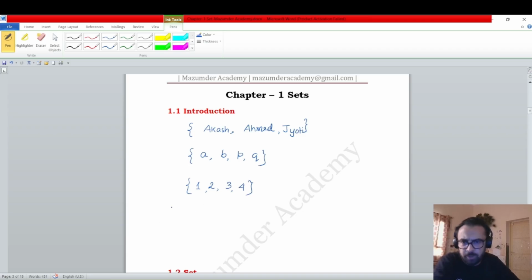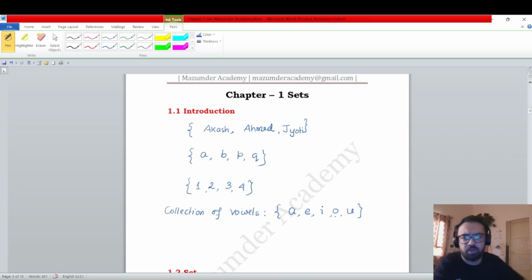For example, if I take a collection of vowels, what will be the collection? A, E, I, O, U. Now if I write the collection of vowels, or someone X, Y, Z, whoever writes, this collection will not change.